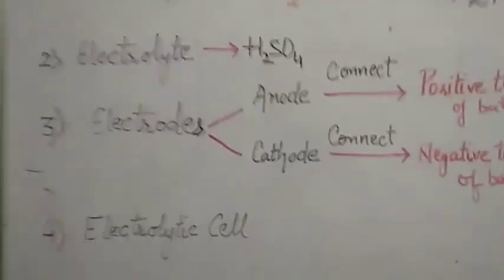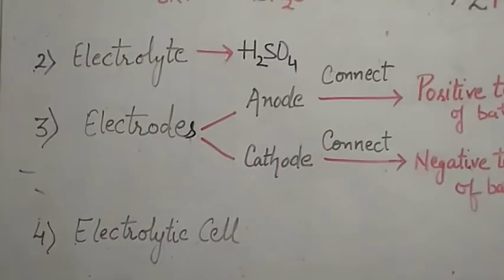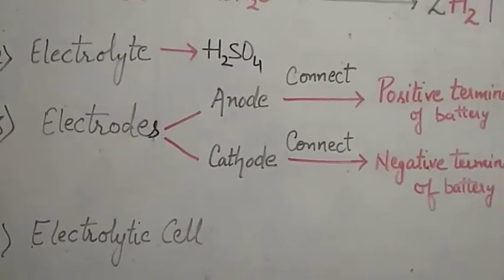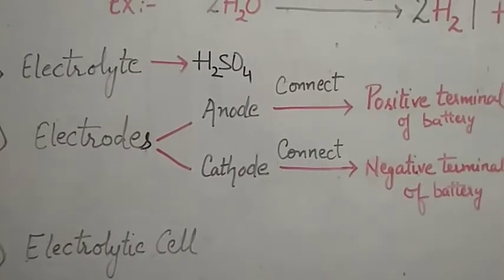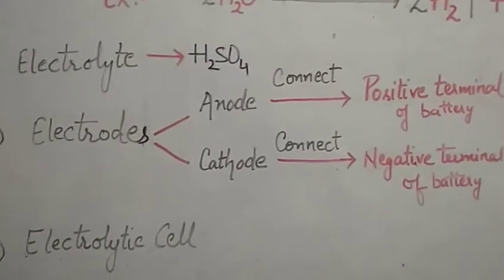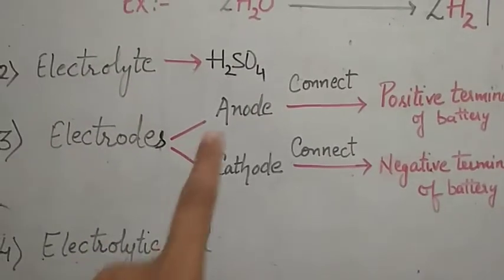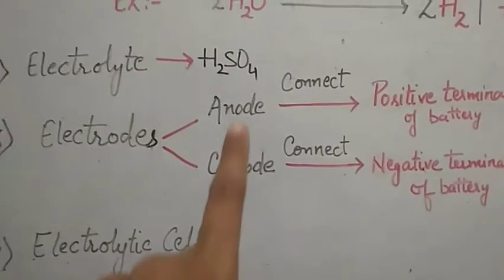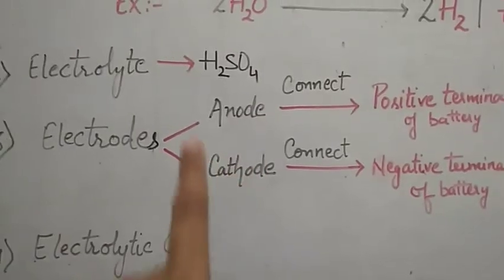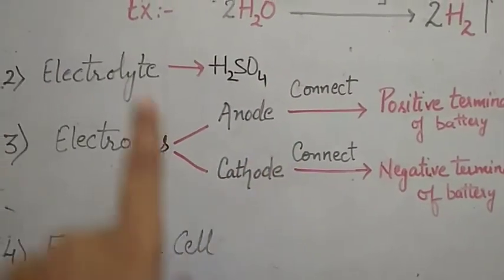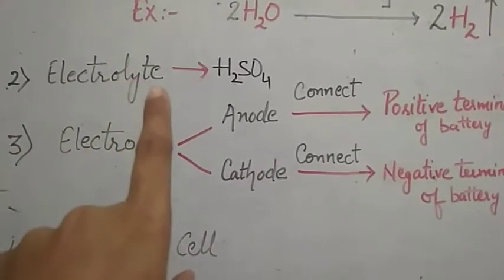Okay, now next is electrodes. Electrodes are metallic rods or metallic plates. Here electrodes are of two types, the anode and cathode. These two electrodes are made up of metallic plate or metallic rod, and they are dipped into the electrolytic solution.